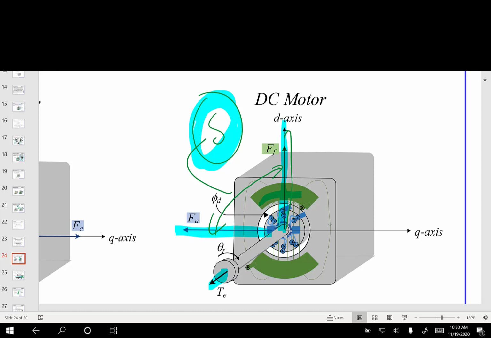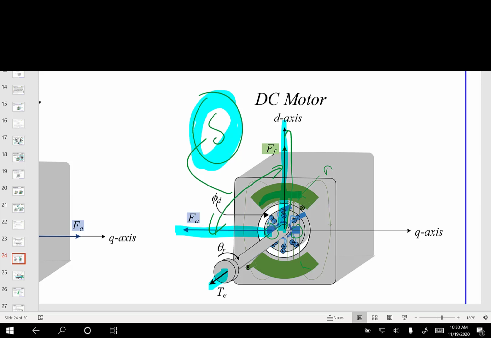These brushes wear out and they're clunky, and they take up space, right? And they do a mechanical alignment of these MMFs, and the permanent magnet is where these green spaces are here. If they move the green permanent magnets back onto the rotor, and they come up with 3-phase armature windings on the stator again, they just control them differently with power electronics, and they mimic the action exactly of a commutator. And that's what a brushless machine does.